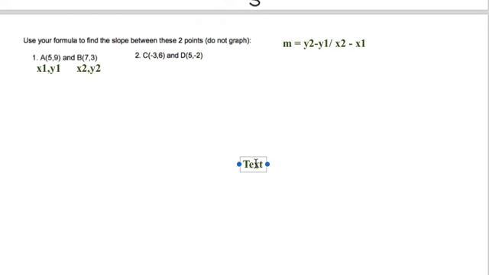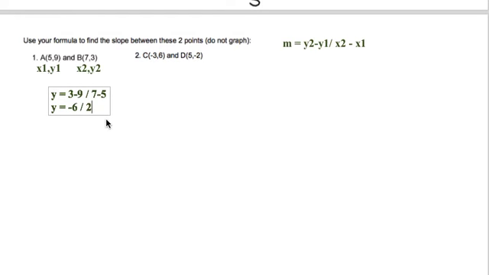When we go through this, we take y2, which is over here, our second one, 3, minus our y1, which is 9, over our x2, which is 7, minus our x1, which is 5. Then we get 3 minus 9 is -6 over 7 minus 5 is 2.